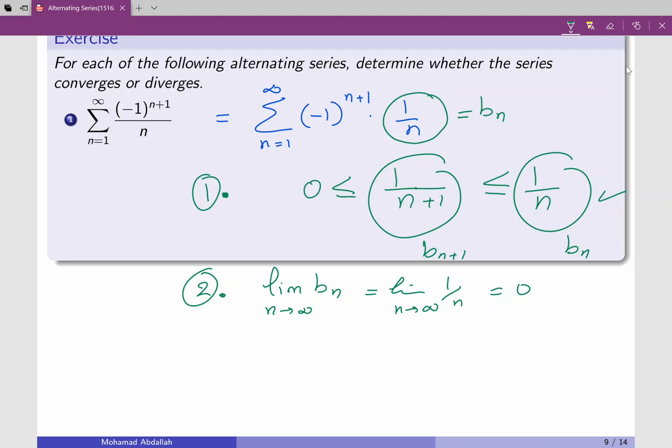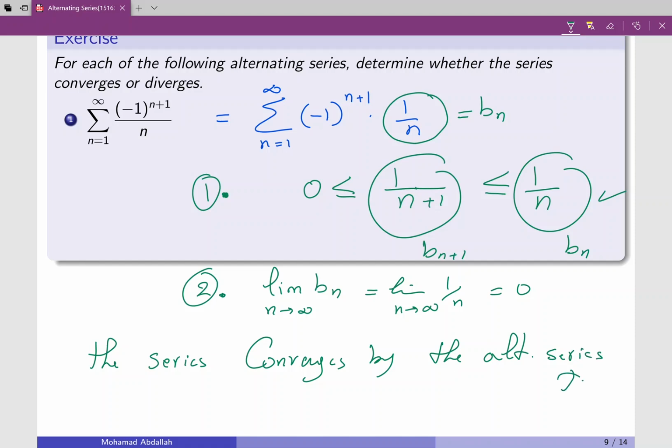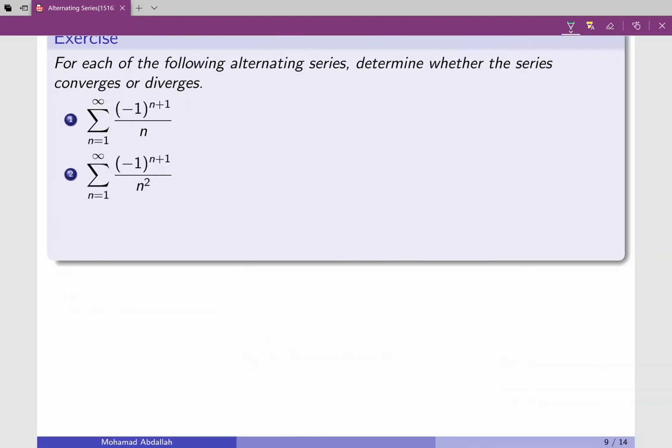Then the series converges by the alternating series test. Okay, so this is a nice example, and you can see that this is the alternating series of the harmonic series, which was divergent. So when you put negative 1 to the power n plus 1, when the numbers alternate positive and negative, then it becomes convergent.